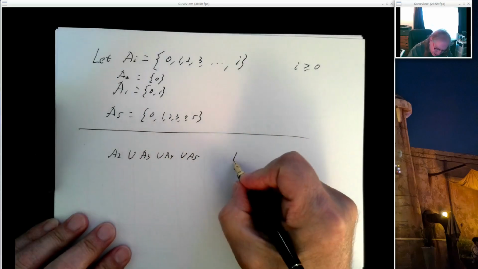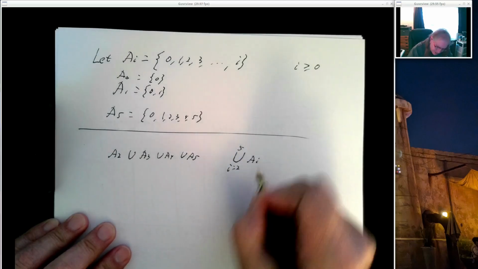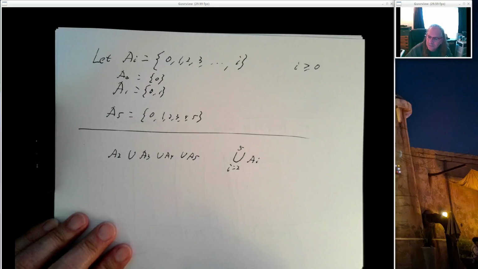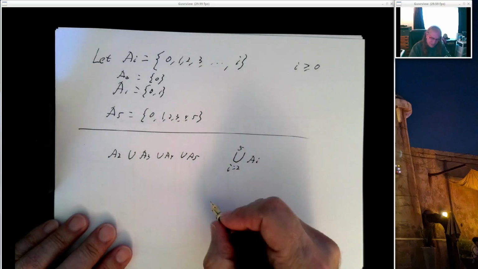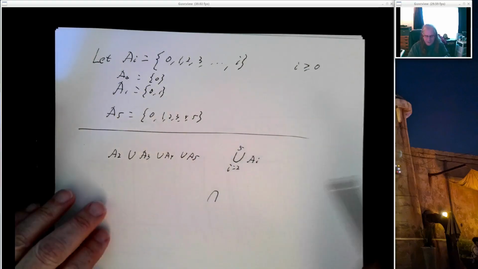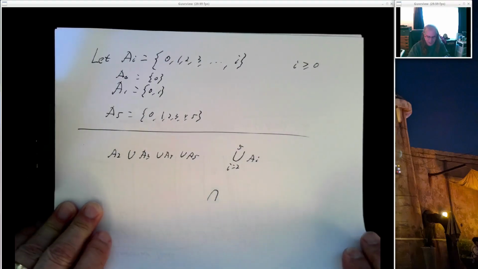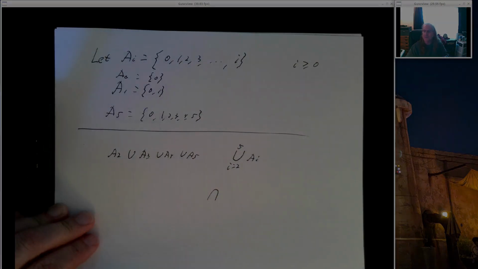I could write that as the union from I equals 2 to 5 of A subscript I. So it's just an abbreviation. And we can do the same thing with an intersection. So you'll have some homework problems to play around with this, but this is similar to that summation notation that we're going to talk about in a few minutes, but that you've probably seen before.